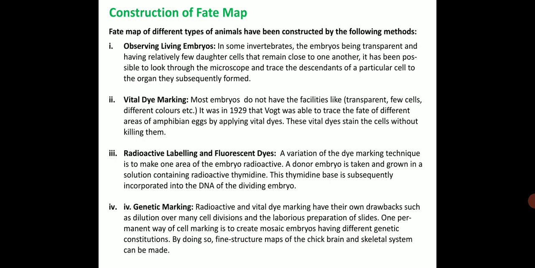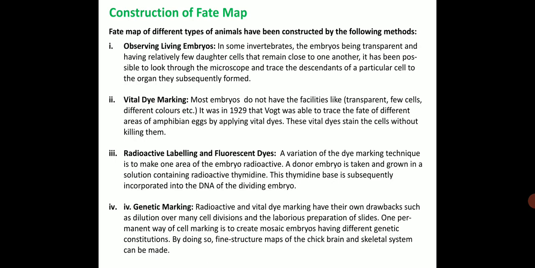In some invertebrates, the embryos are very transparent and have relatively few daughter cells that remain close to one another. It has been possible to look through the microscope and trace the descendants of a particular cell to the organ they subsequently formed. So by observing the living embryos only, you can draw the fate map.